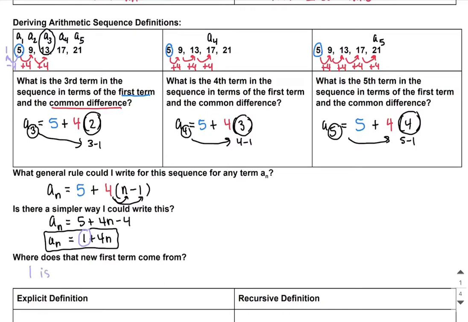So 1 is the term before the first term. That's where it comes from. We also call it a sub 0. So this is a sub 0. If our first term is a sub 1, subtract 1 from that, and you get a sub 0.